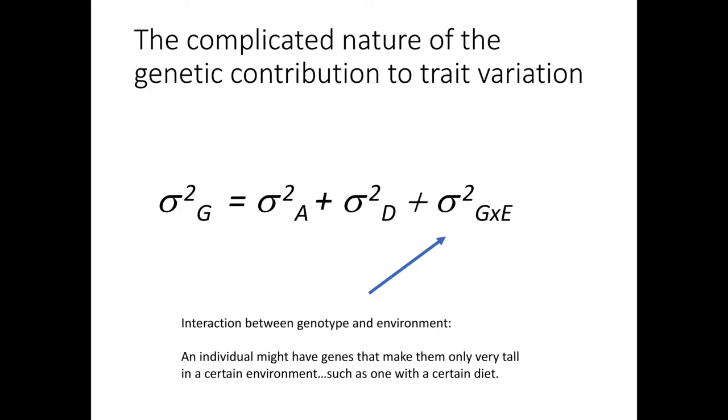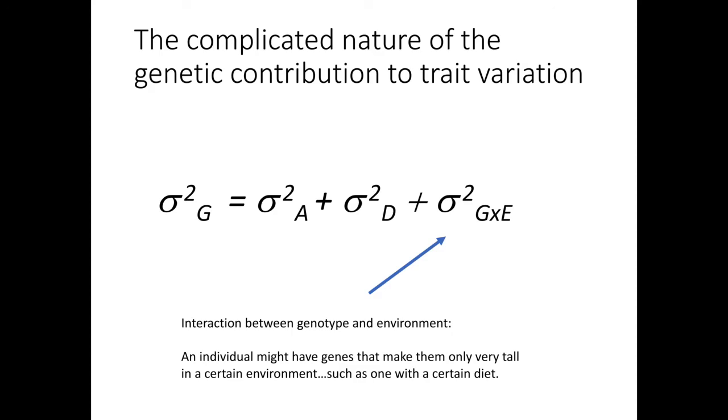Another fact that complicates the genetic component of variation is something called an interaction. Before we said it's just a sum of genetics and environment, but it's more complicated because sometimes the genotype can interact with the environment, and that term you can't separate out. What do I mean by an interaction between a genotype and an environment? It means that certain genotypes might respond to certain environments in unique ways that other genotypes don't.